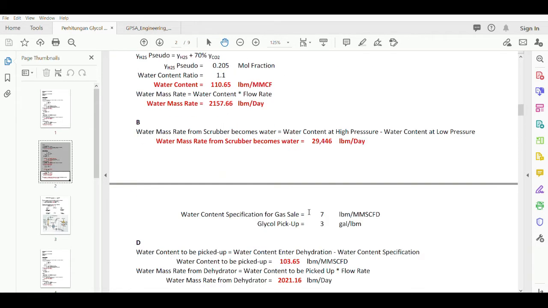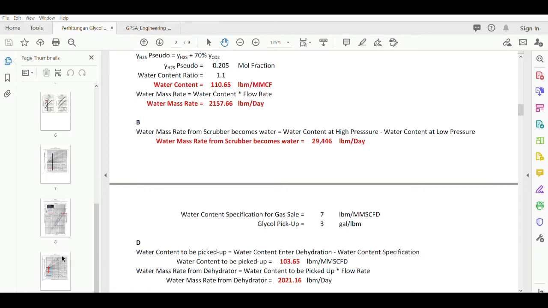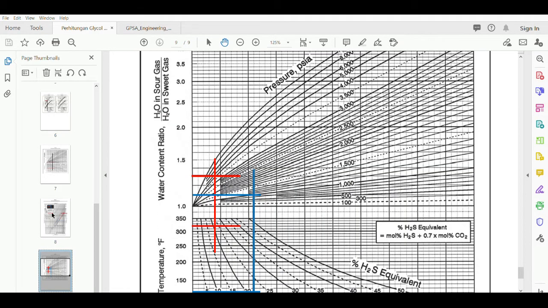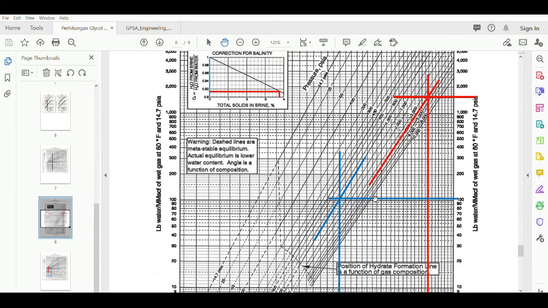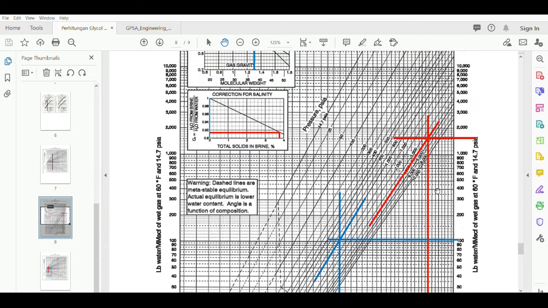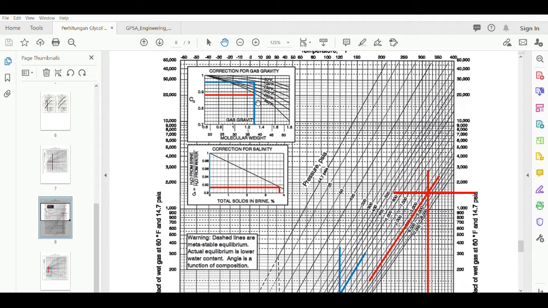If we see figure 25, you see that we have 320, and with 4,000 psi we have 1,550 pound mass per million cubic feet, and with the correction of 0.88 around 320, and the brine of around 3.75, we end up with 0.917.